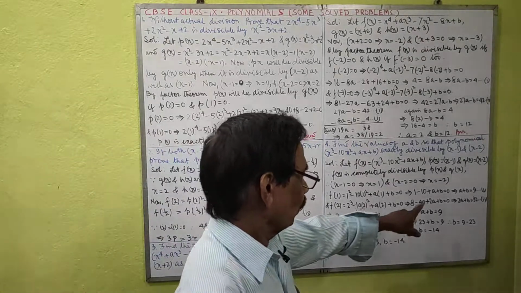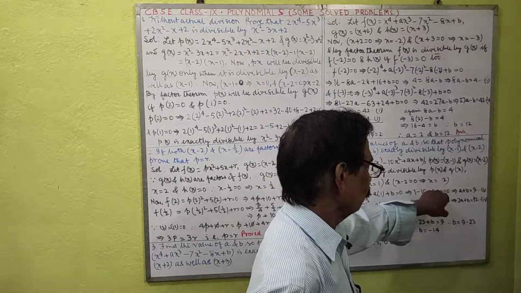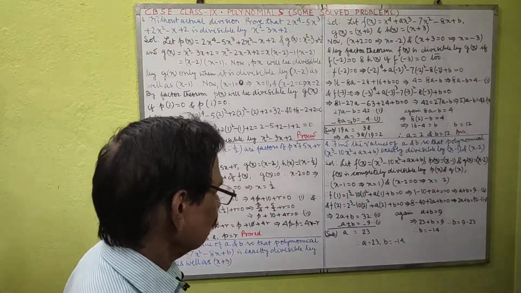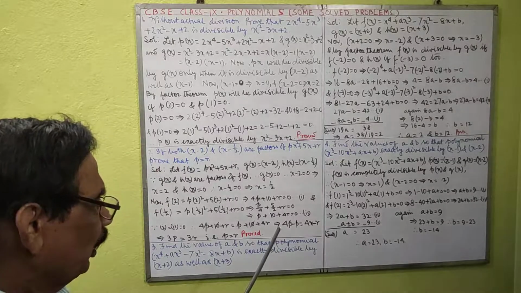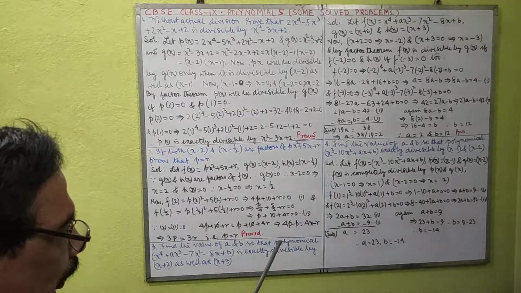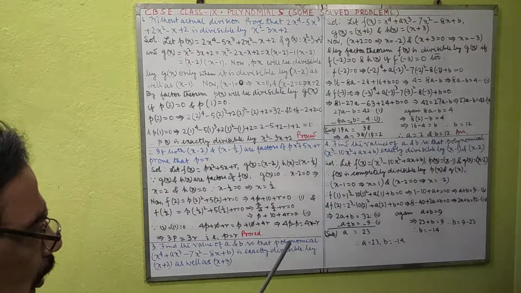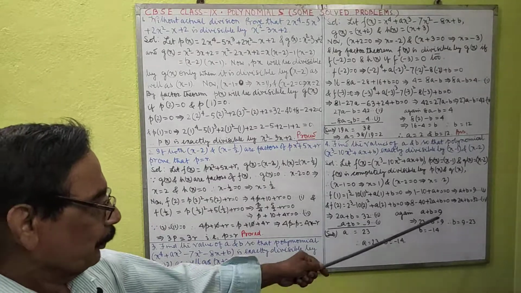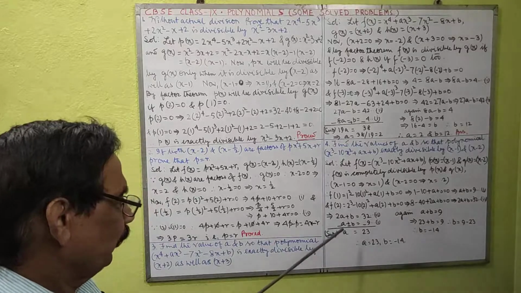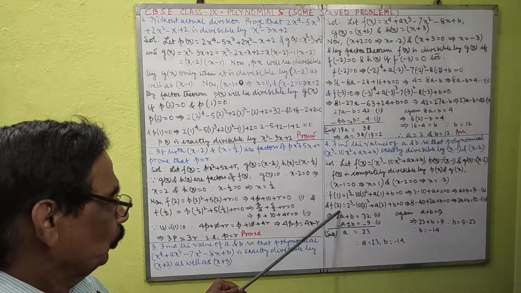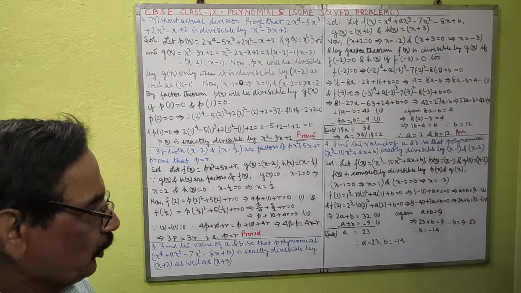It will be 2, not −2. So f(1) = 0, when x = 1 the equation is a + b = 9, and when x = 2 the equation is 2a + b = 32.